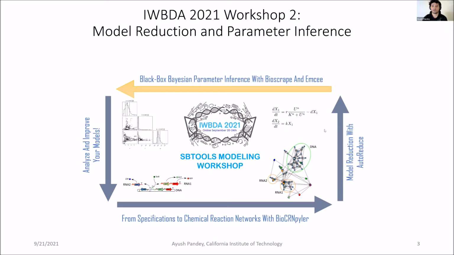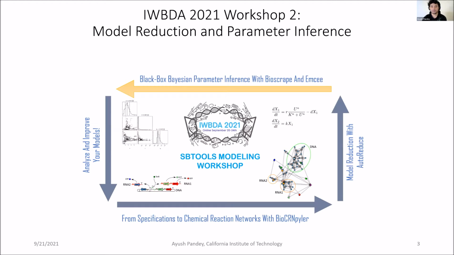And then we will talk about the model reduction and the parameter inference of that SPML model, both using Python tools that we will demonstrate using the Google Colab at the end. But first, let's talk about the basics behind the underlying theory that has gone into these software tools.